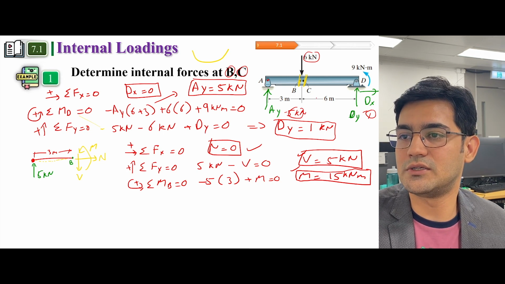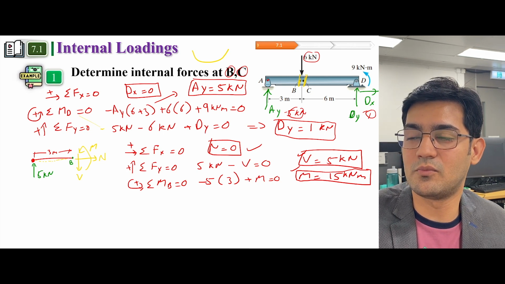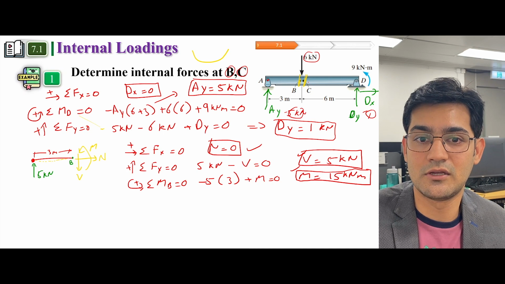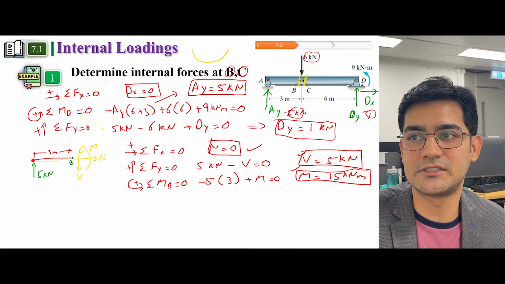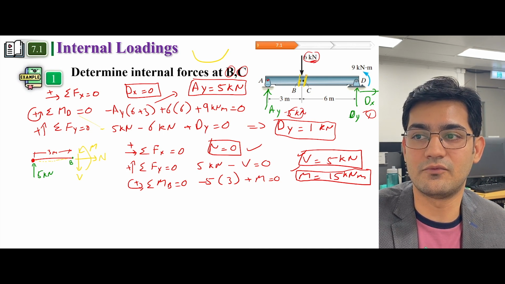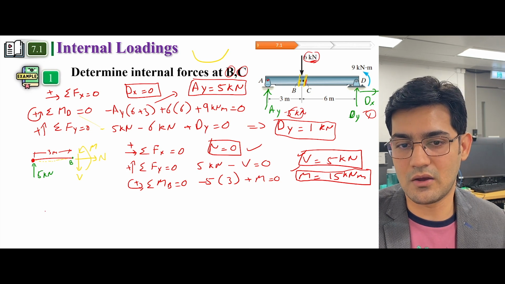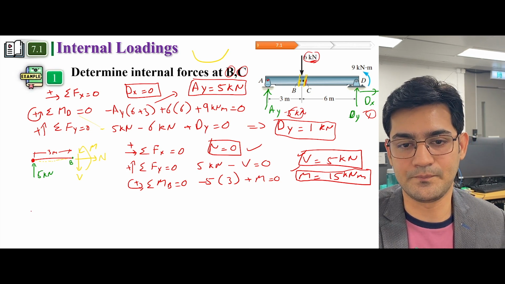Now if we want to do the same thing and expose the internal forces after the 6 kilonewton applied force at point C, how would that come out to be?